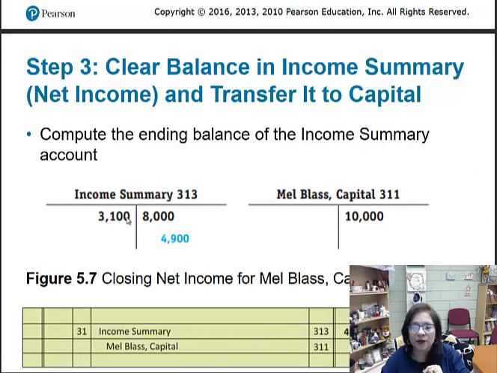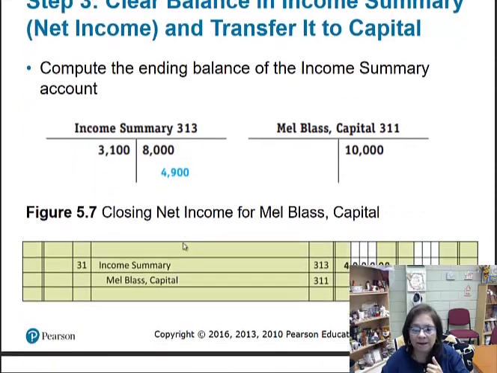So again, you have your credit and you have your debit. So you subtract your expenses from your revenue. So you subtract your $3,100 from $8,000, bringing you down to $4,900.